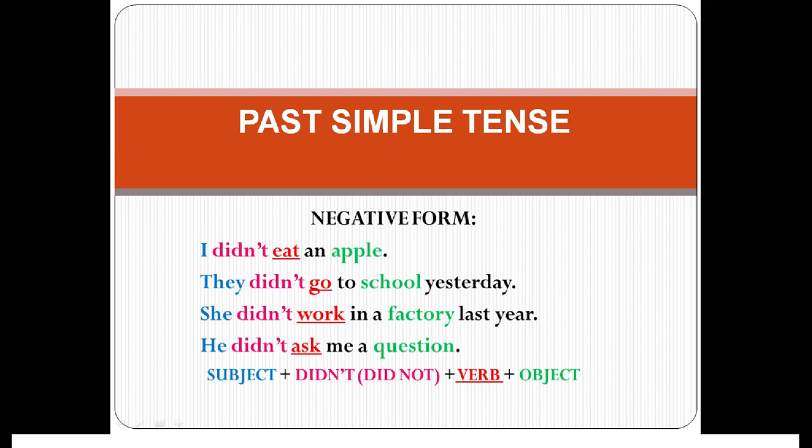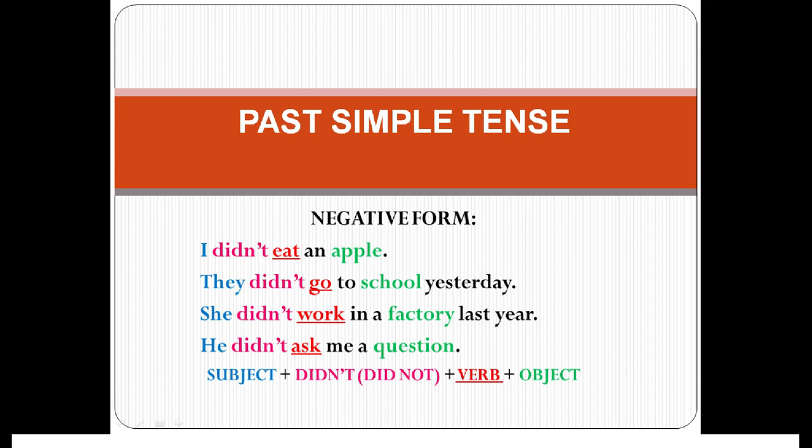If you want to say that something has not happened in the past, you will use the negative form. For example, if the question is, did you eat an apple? But that did not happen, the answer would be, I didn't eat an apple. If the question is, did they go to school yesterday?